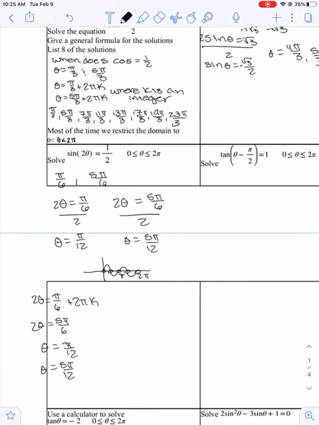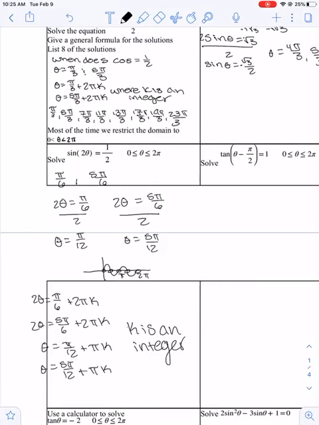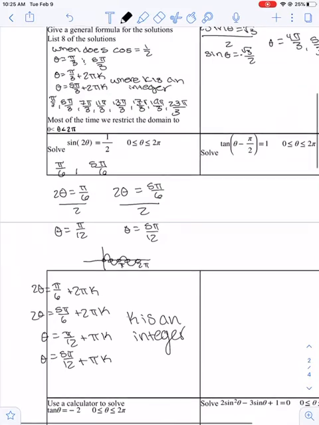And so the period of sine is 2 pi, so plus 2 pi k. Because we knew the parentheses had to equal pi over 6 and 5 pi over 6. And then below, we just solved for theta. And since we got rid of that 2, it's like we were dividing by 2 here. So now it's just plus pi k, plus pi k. And then remember, k is an integer.